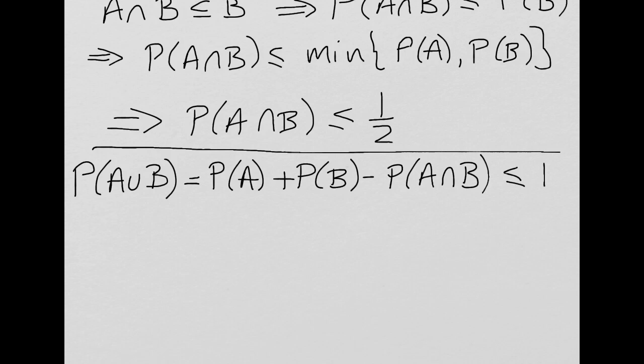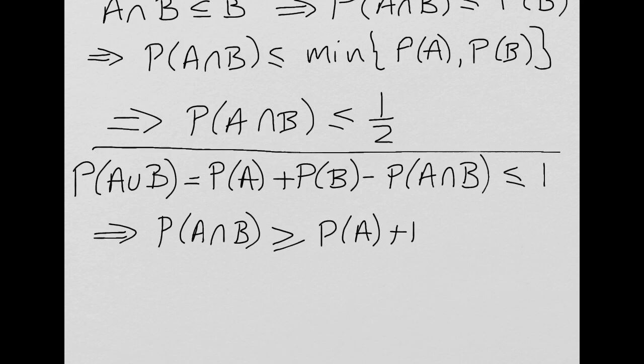Now if we rearrange this inequality, we find that the probability of A intersect B is greater than or equal to the probability of A plus the probability of B minus 1.